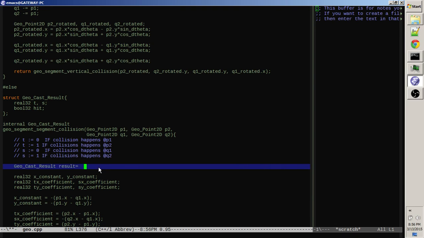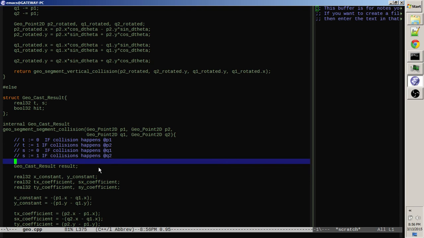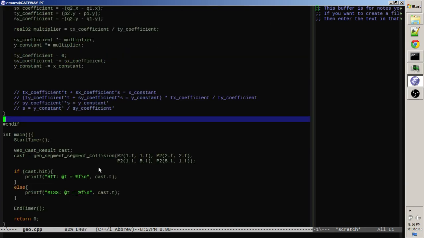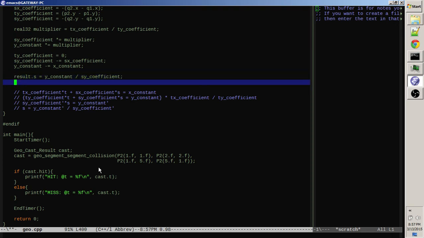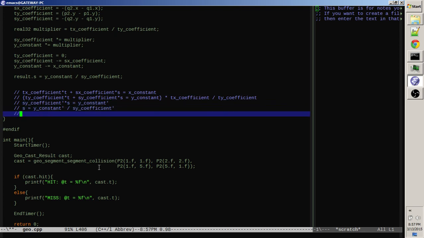The first thing we've finished is getting s, actually. s is now y constant divided by sy coefficient. So we have our solution for s. The next thing to do is get the solution for t, which isn't too hard, but we're out of time.